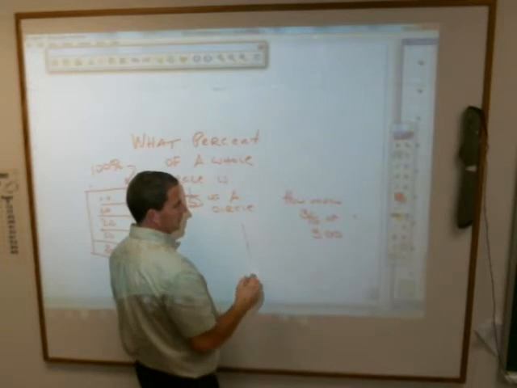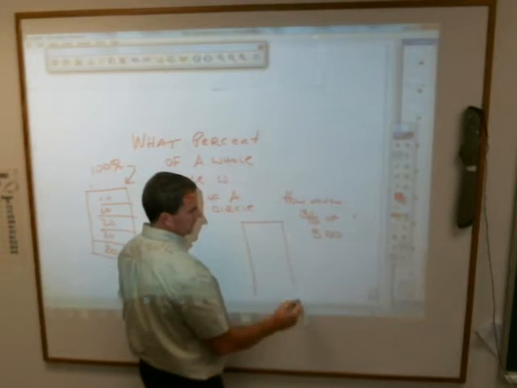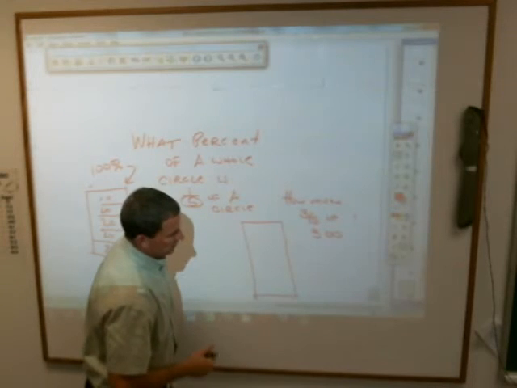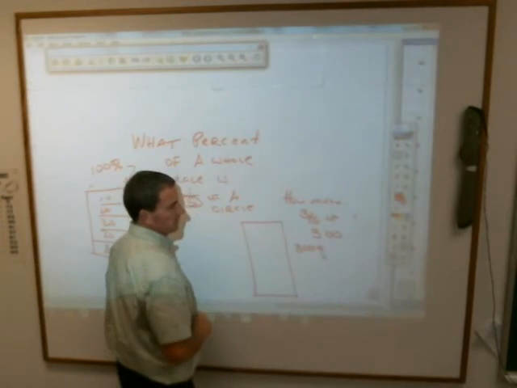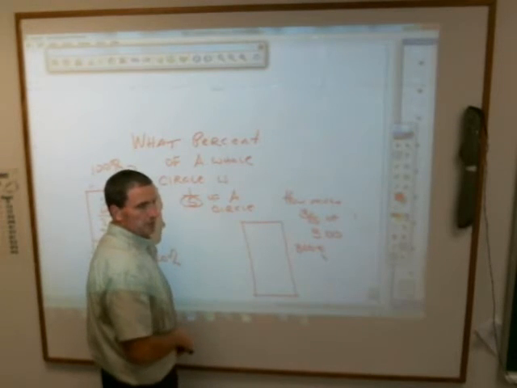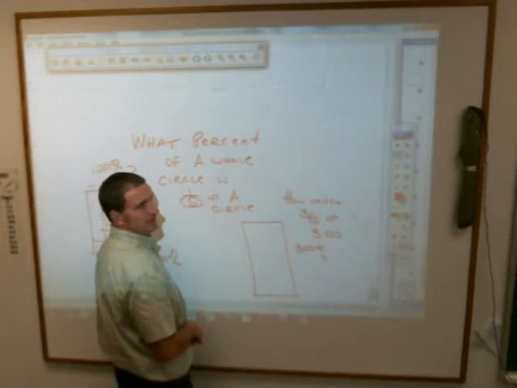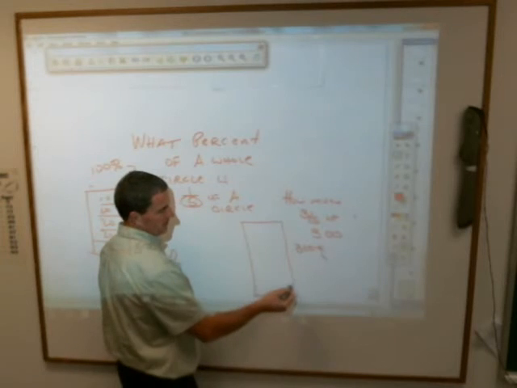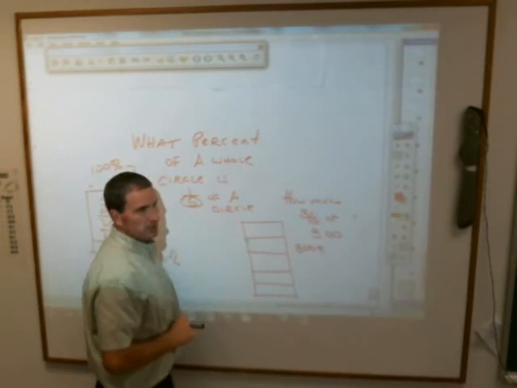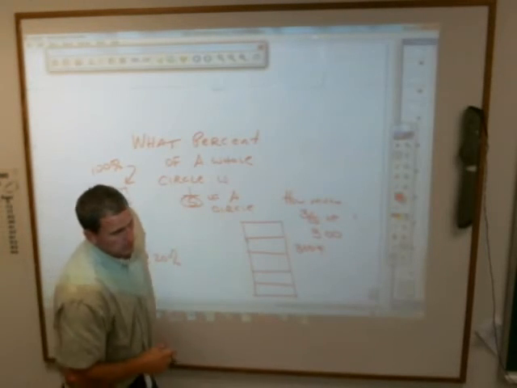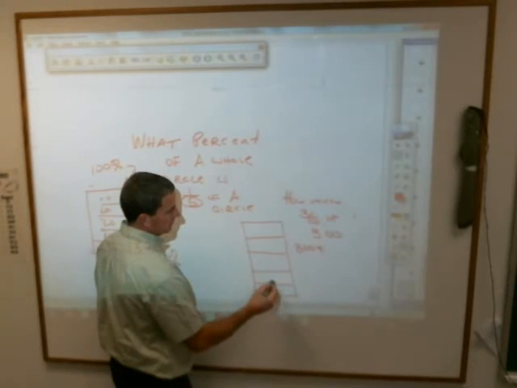So your rectangle is going to stand for $3, or you might as well make it 300 cents. Doesn't matter what you do. If you take 300 cents and cut it into 5 equal pieces, 1, 2, 3, 4, 5, each piece will be 60 cents. Very good.